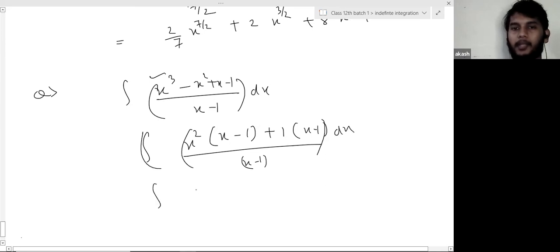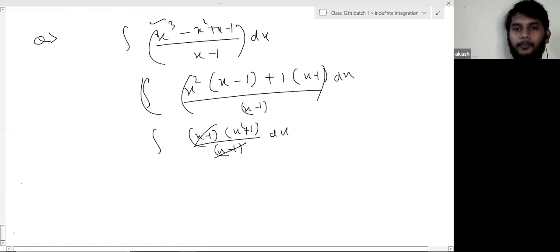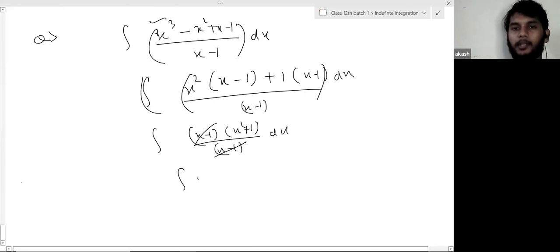So integration of, taking x minus 1 common, x square plus 1 upon x minus 1 dx. This is cancelled. So what we got: integration of x square plus 1 dx.